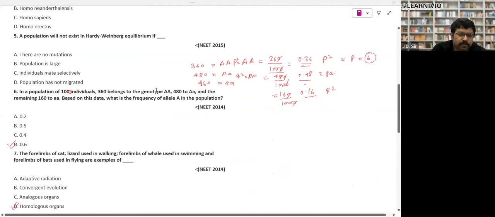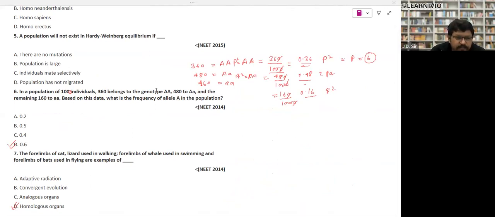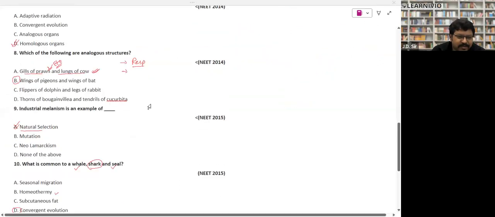Okay, fifth one. What about the fifth one? A population will exist in Hardy-Weinberg equilibrium if... C, C or A, what do you think?